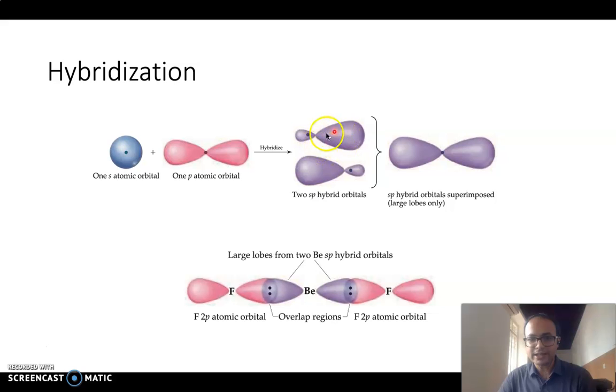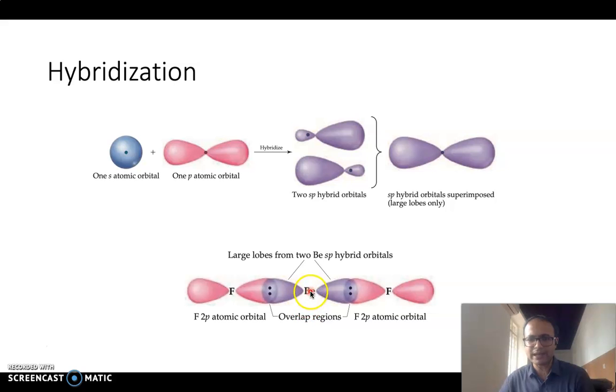Each hybrid orbital has one large lobe and one small lobe. When we write the structure of the sp hybrid orbital formed by mixing one s and one p orbital, we only write the larger lobe. We usually do not represent the smaller lobes. So this is the hybrid orbital for beryllium.